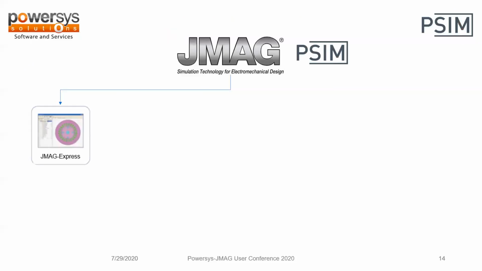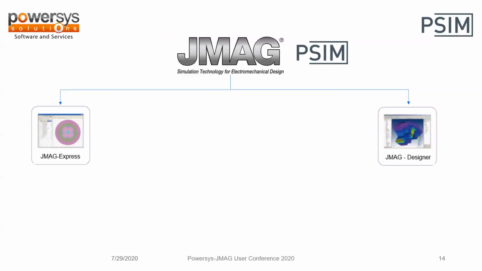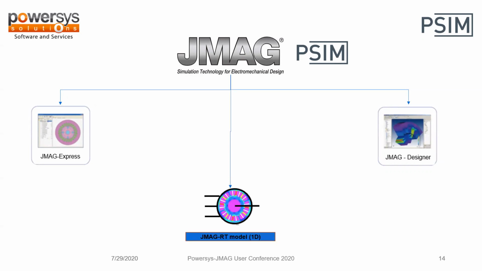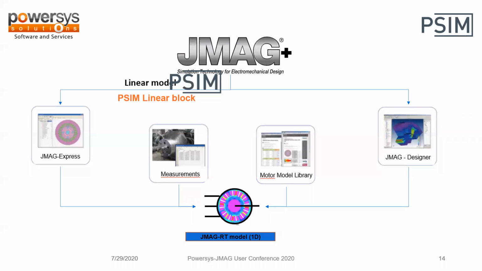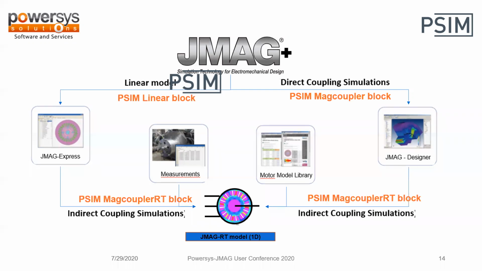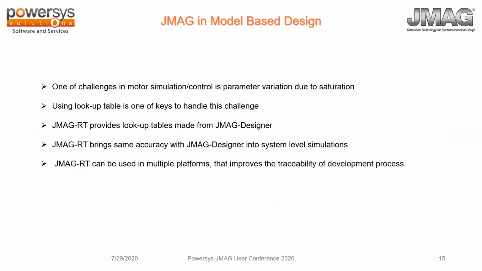And with respect to PSIM, PSIM also can generate in different ways. One of the ways to look at it is if you are working with a linear model, a linear block that is used, we use Jmag Express to generate the RT model. In case of direct coupling simulations, we use the PSIM coupler block to generate this RTT file.